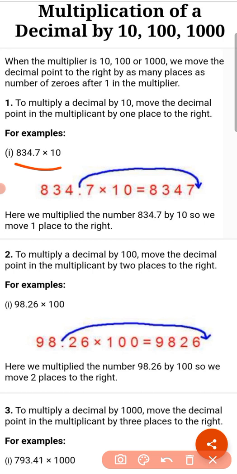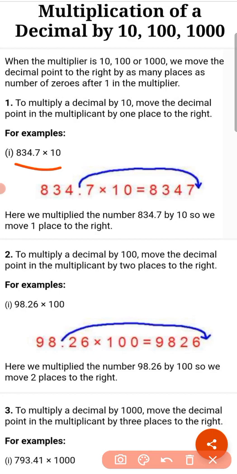The given example is 834.7 into 10. Here 834.7 is the multiplicand and 10 is the multiplier. Here we are multiplying that number by 10.